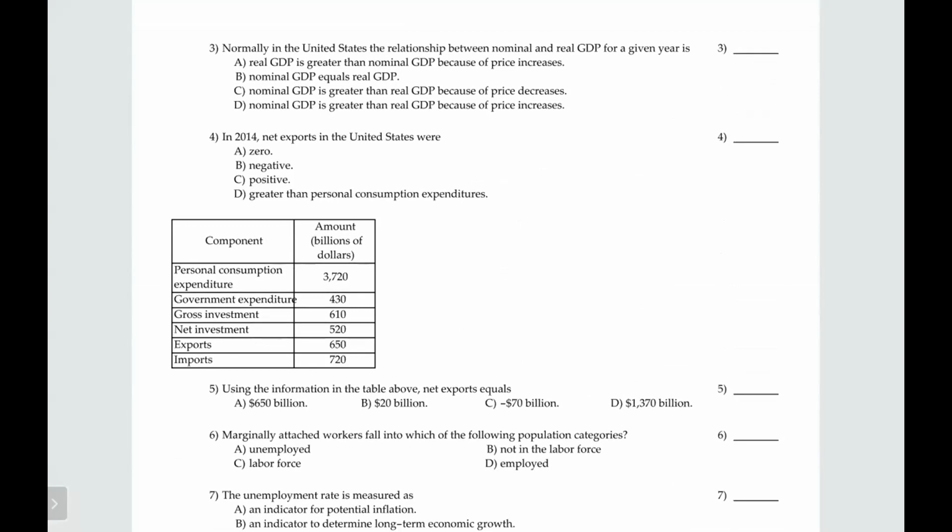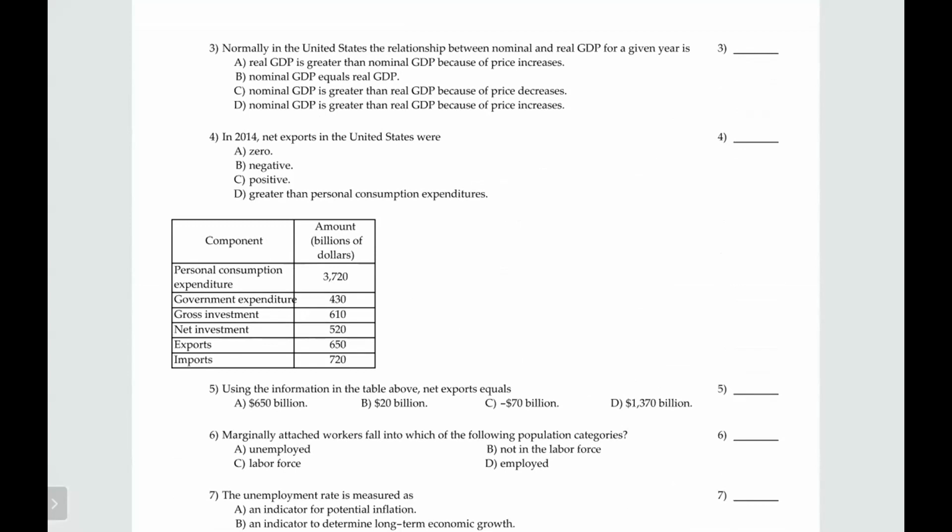Three. Normally in the US, the relationship between nominal and real GDP for a given year is, usually, prices grow over time. So this means nominal GDP usually is higher than real GDP.